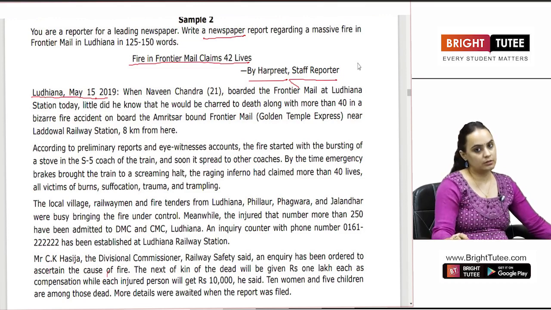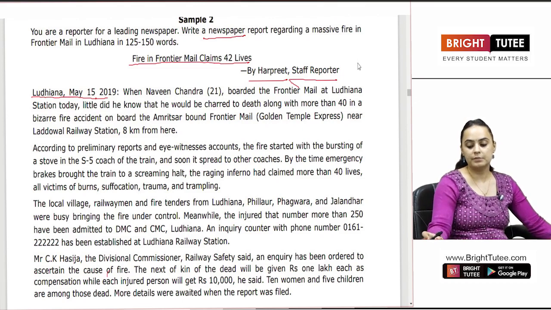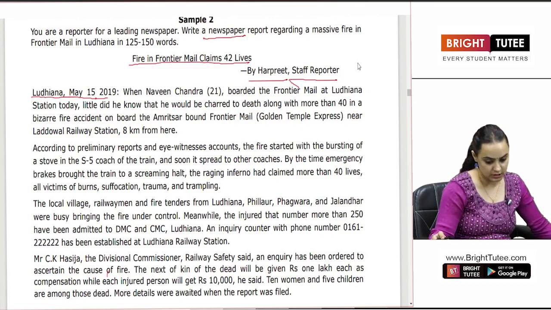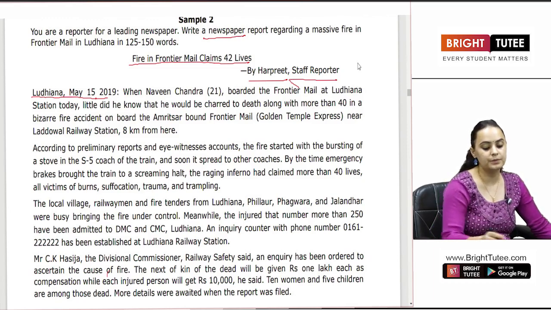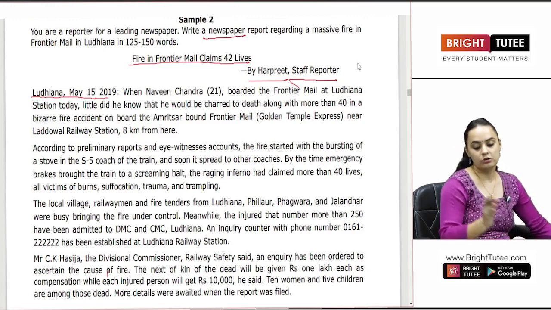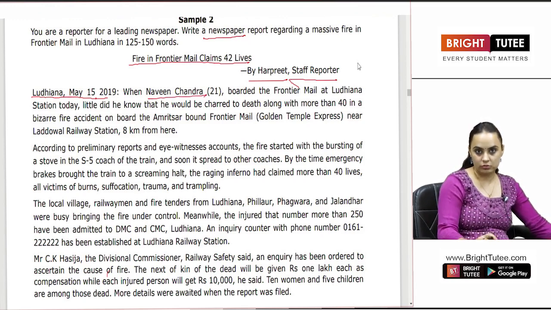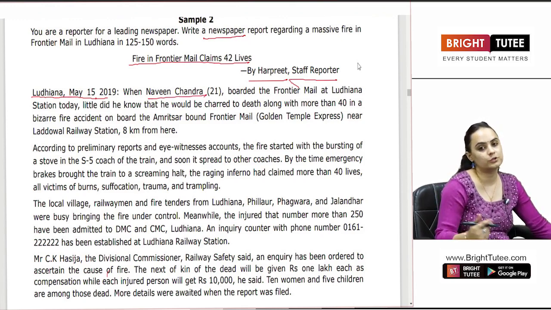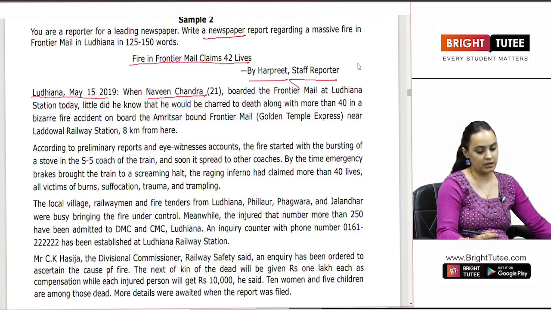When Naveen Chandra, 21 is the age, boarded the Frontier Mail at Ludhiana station today, little did he know that he would be charred to death along with more than 40 in a bizarre fire accident on board the Amritsar-bound Frontier Mail near Ladowal railway station, 8 kilometers from here. So, this person boarded the train and he did not know that it was going to be his last train.